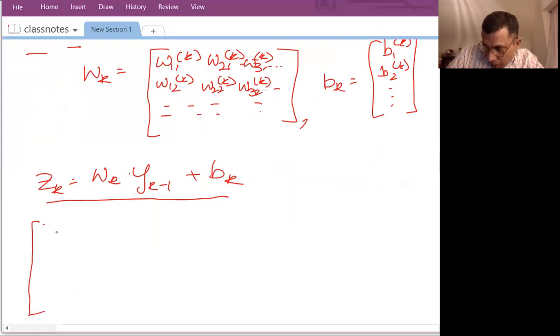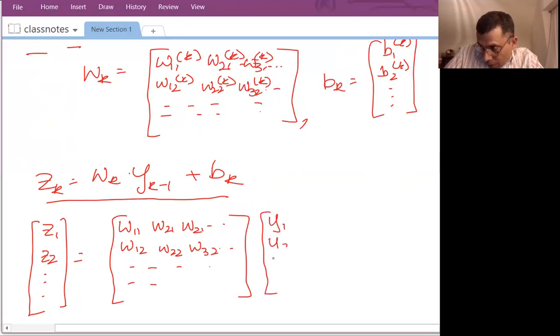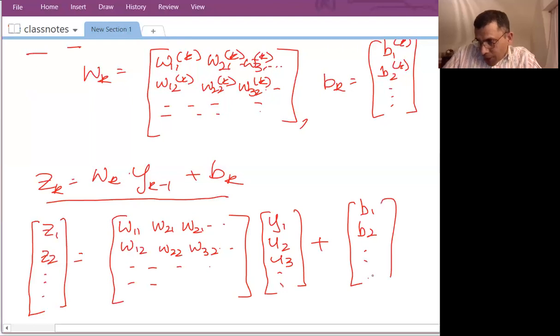I'm writing z1, z2, and so on is going to be w11, w21, w31, etc., w12, w22, w32, etc., and so on, times this set of y's from the previous layer, y1, y2, y3, etc., plus these sets of biases for the kth layer, b1, b2, etc. You can see how this works.